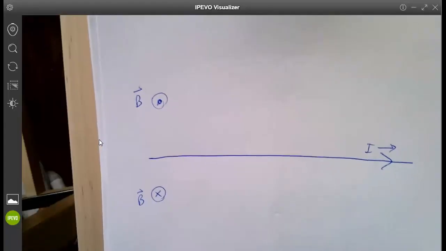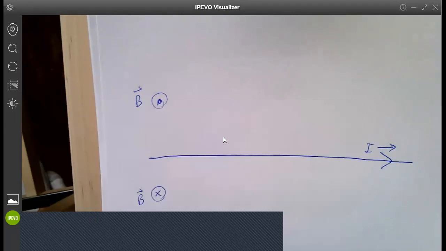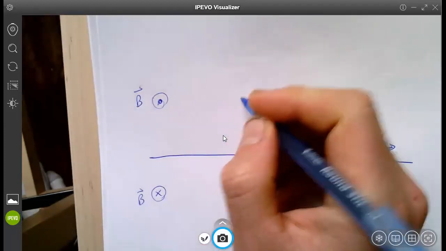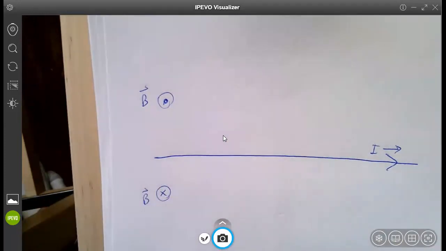Okay, so we have some different scenarios here to explore. The first one is a charge that's moving to the right. It's a positive charge. Maybe one thing to think about here is that without any charges right now, if I have a current that's going off to the right, which way is the magnetic field above the wire?